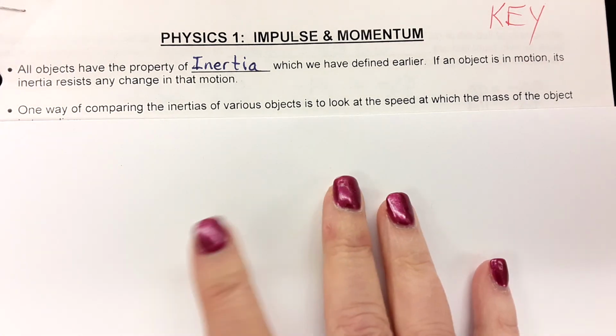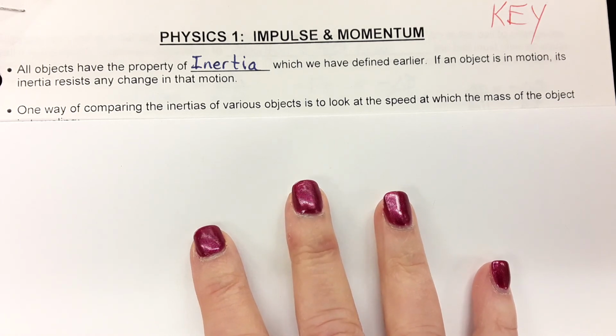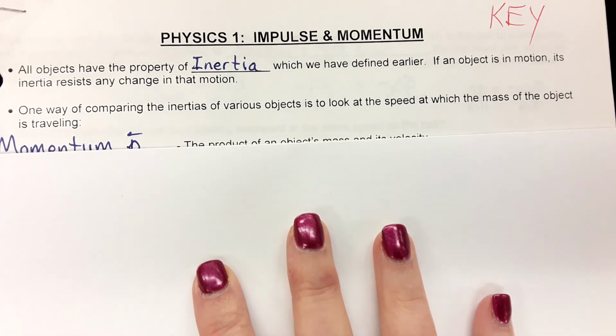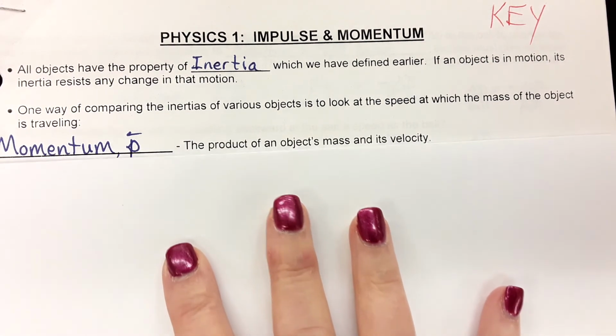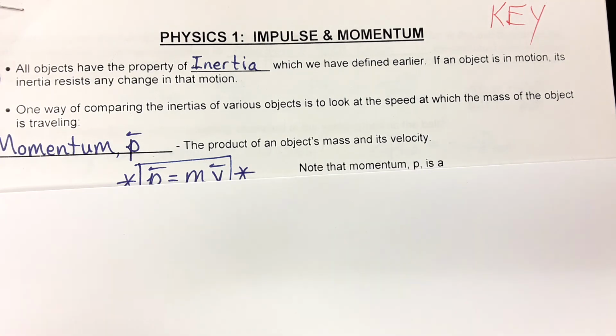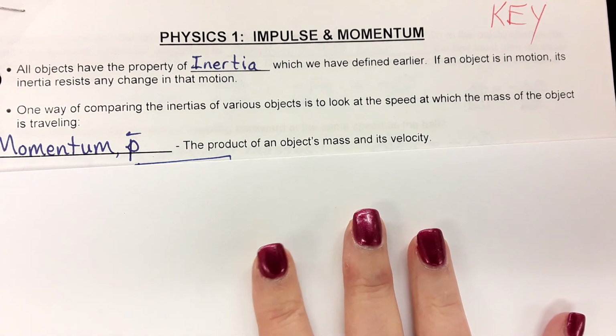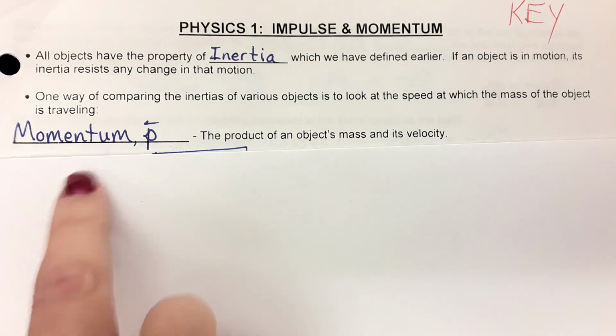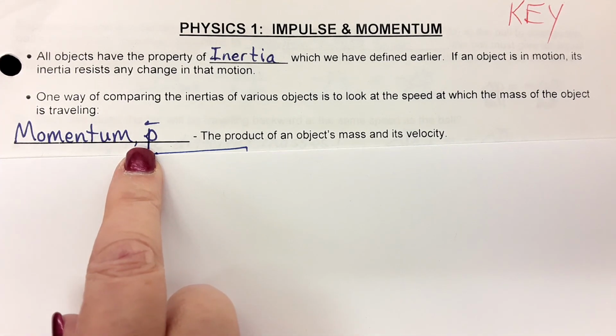All right, now one way of comparing inertias of various objects is to look at how fast they're moving. And we call the quantity of inertial motion momentum. Momentum is denoted with a lowercase letter p because we already use capital P for power.